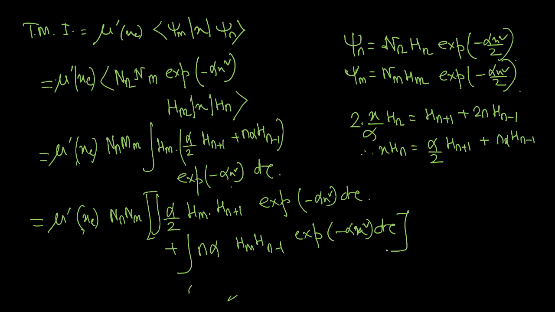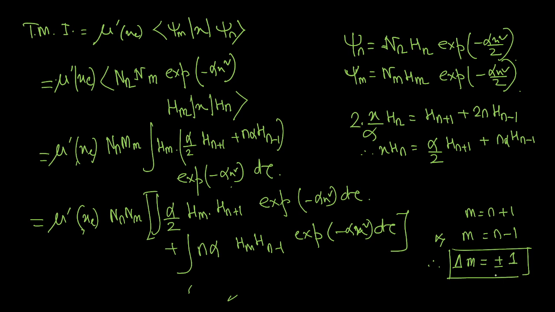Now look at these two integrals. These two integrals only survive when m equals n plus 1 and m equals n minus 1. Therefore, for a transition, the selection rule is like this.